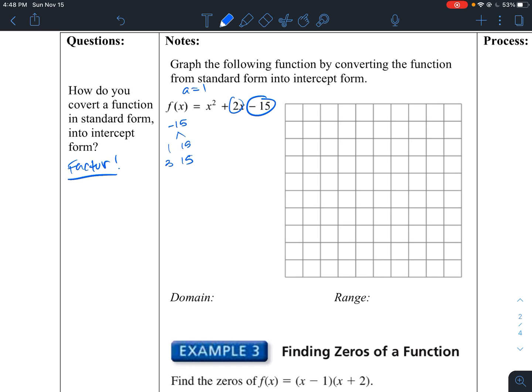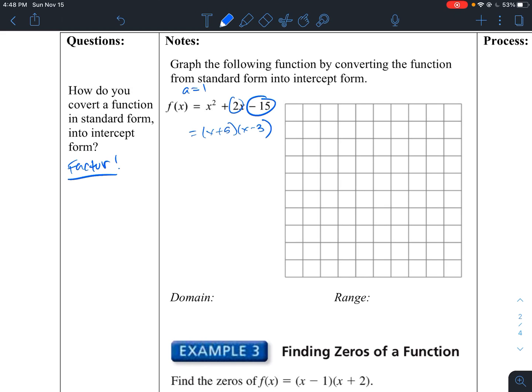Which of these pairs multiply to be negative 15, but add to be 2? Sorry, that should be positive. That should be 3 and 5. So that would mean I have positive 5 and negative 3. So I can factor this to be x plus 5 and x minus 3.